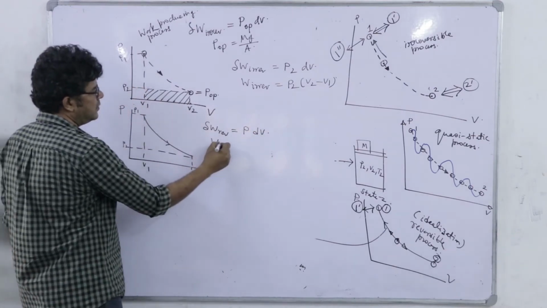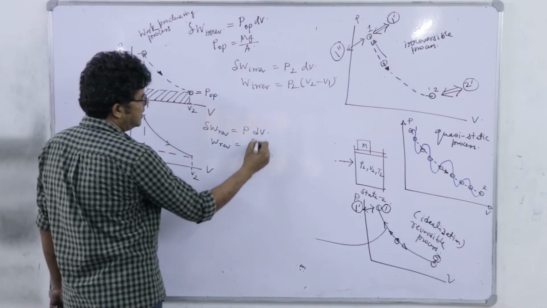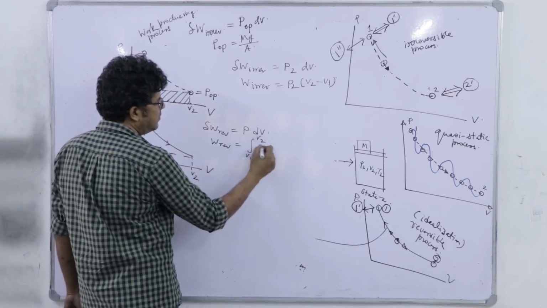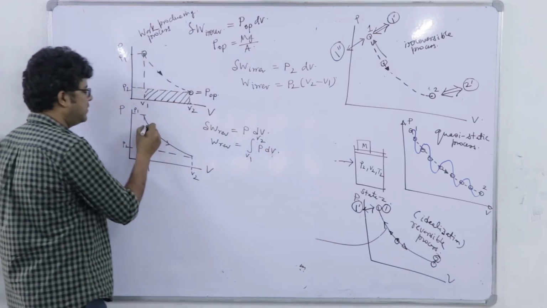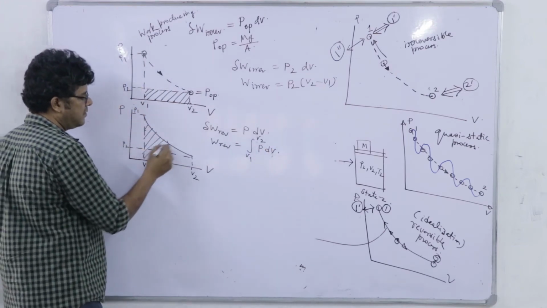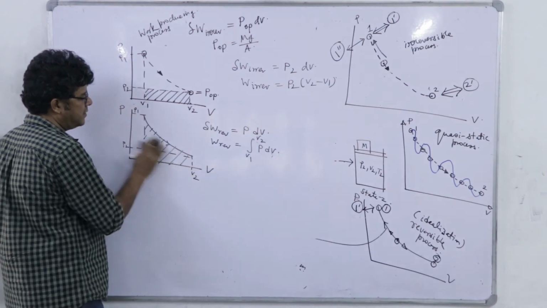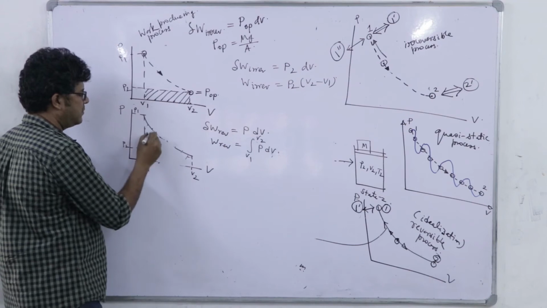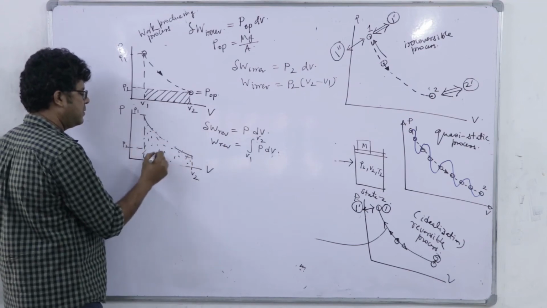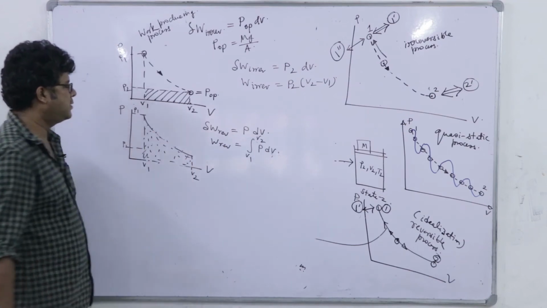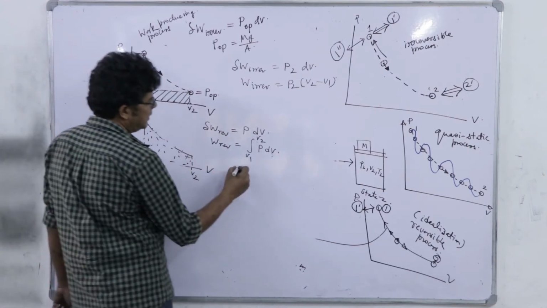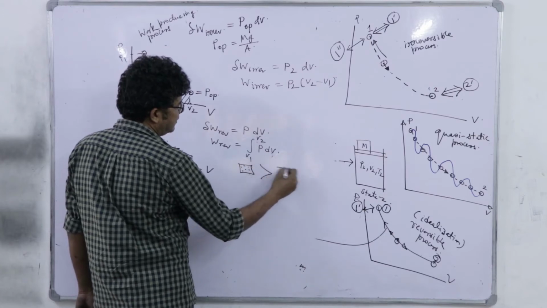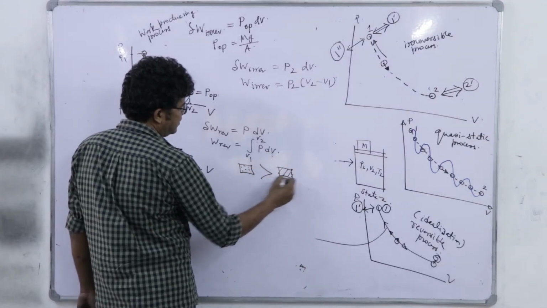So W reversible is the integral from V1 to V2 of P dV, which is the area under the curve, or rather let me put a dotted sign. So you see that this dotted area is greater than the hatched area.